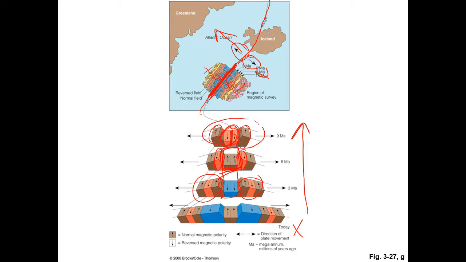It goes from a skinny ocean with not a lot of room for the bathtub to be filled to a wide ocean with more room for the bathtub to be filled. If you went and you looked at the bottom of the ocean floor, you're seeing that what's actually happening is not only are the crusts moving, you're creating new crust in the center, and every roughly 3 million years, right? 0, 3, 6, 9, 12, 15, and onward, roughly every 3 million years, the polarity will shift, which is causing the change of the movement of which way, the direction, which way the actual plates are going to open up.